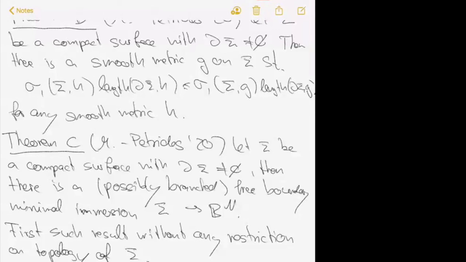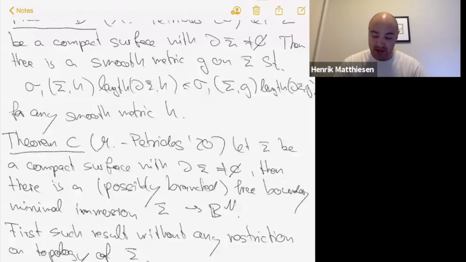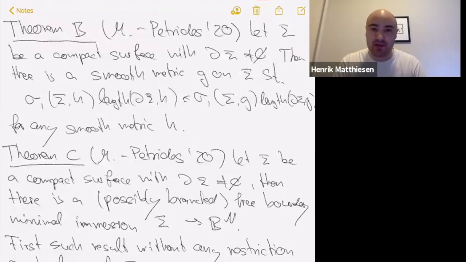Henrik, I have a question from Dmitry Faifman: in Theorem B, can there be conical singularities? Yeah, no, they can't, and the reason is kind of silly. Even in Theorem A, these are not random conical singularities, but they have cone angle a multiple of 2 pi, and they're essentially conformal.